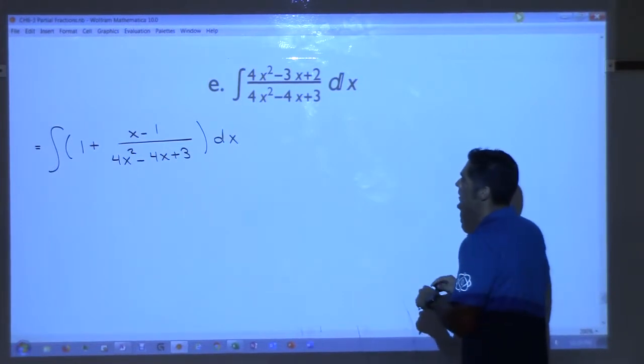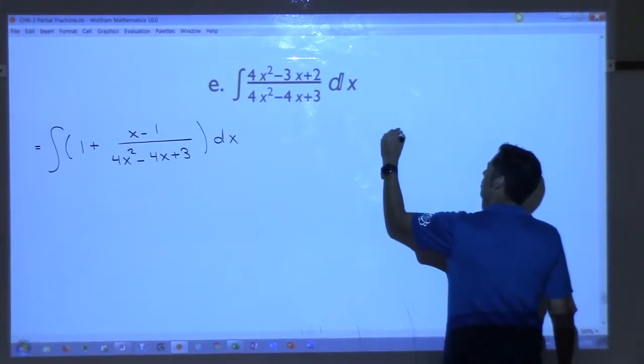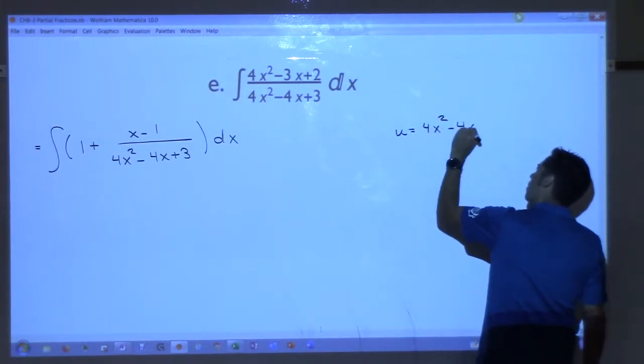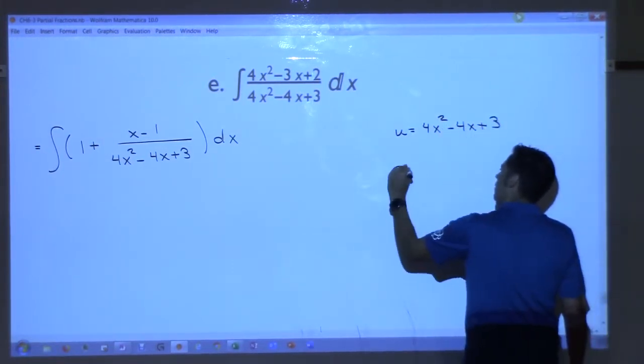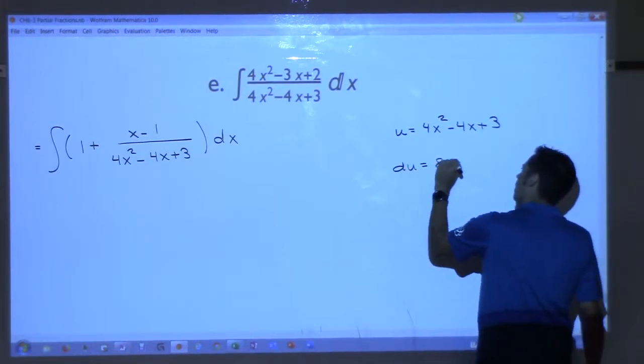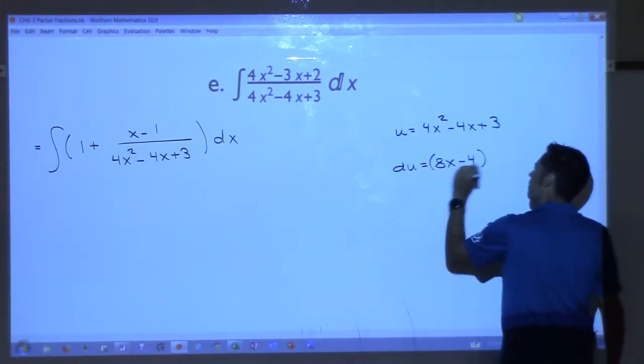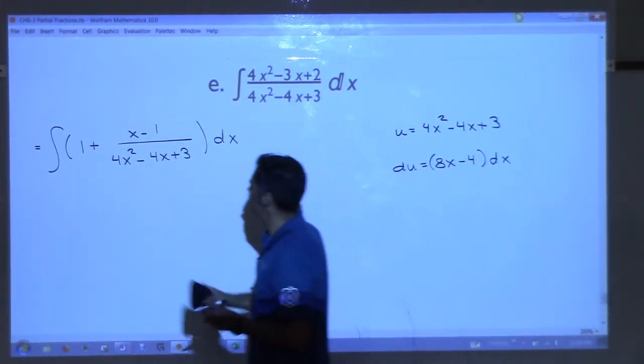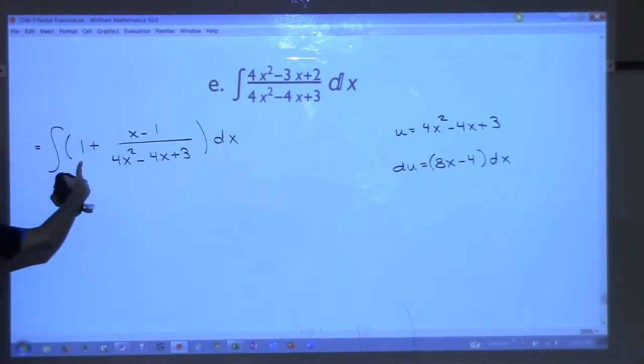So to make it happen, we're going to look at a u substitution of 4x squared minus 4x plus 3. The derivative of that will need to be 8x minus 4, right? dx. So that's what I want. I'm working on this. Can I erase the 1 and we'll just remember we have an x out here at the very end? Okay.